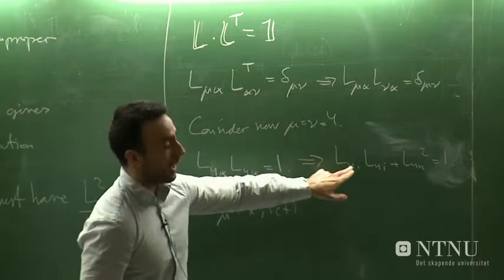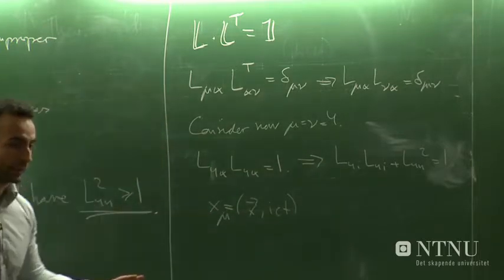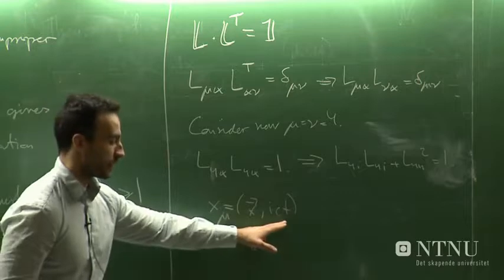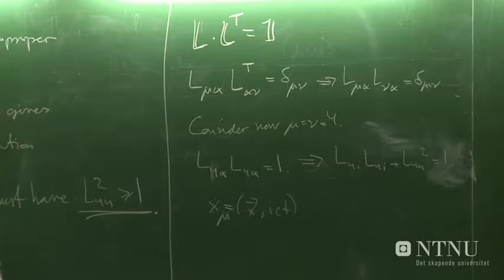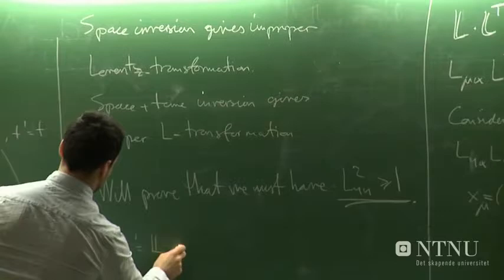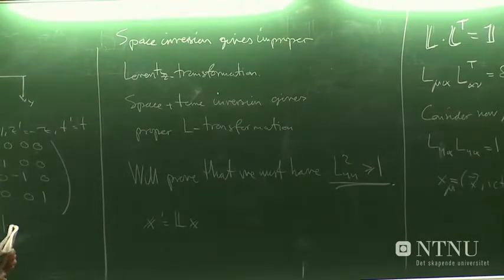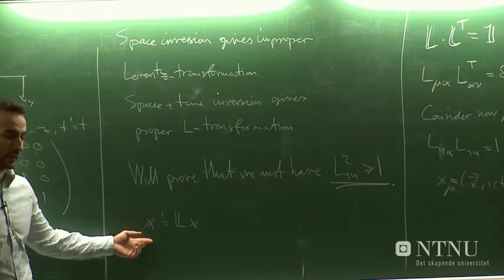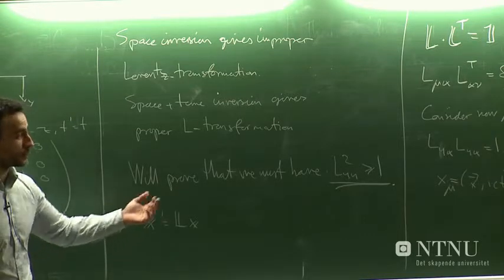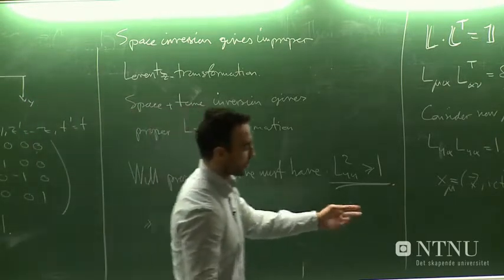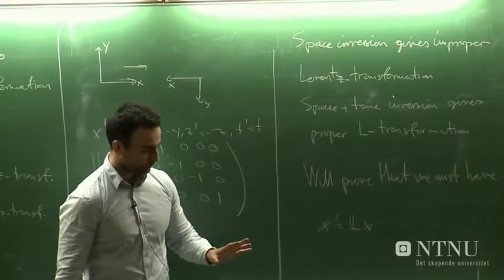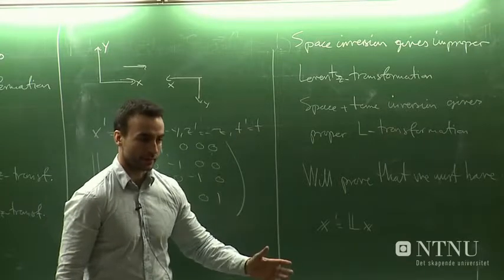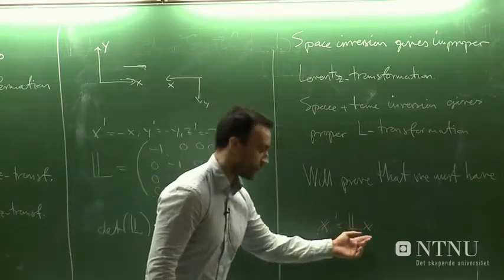Now, L4I corresponds to the coupling between the time coordinate and the space coordinates. So you can see this from this transformation equation, that the final element in x prime, which is the time coordinate, which is imaginary due to this convention here, is in general a superposition of contributions from the spatial and the time terms from this vector.